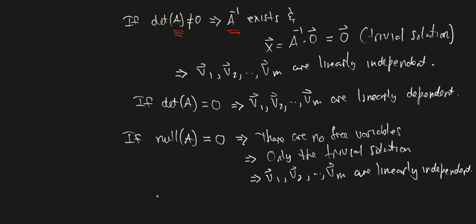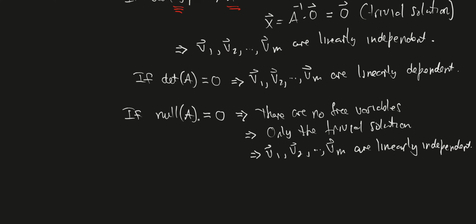And then to kind of wrap this up and say, well, what would happen to the nullity if the vectors were linearly dependent? Well, what that means is you'd have at least one free variable. So that means your nullity would be greater than or equal to 1.